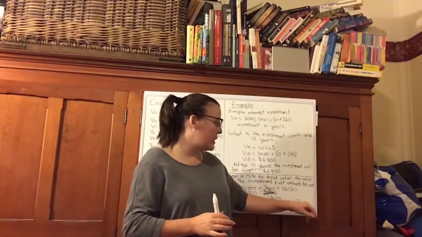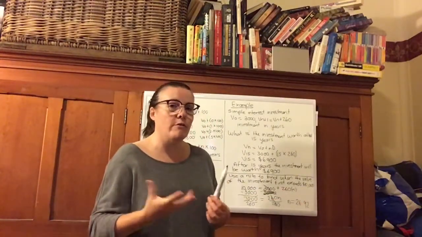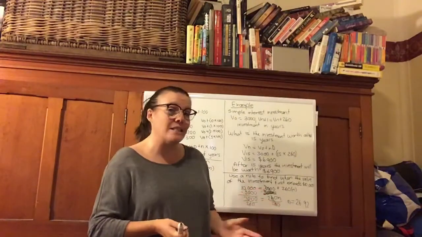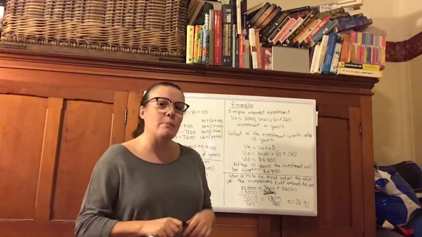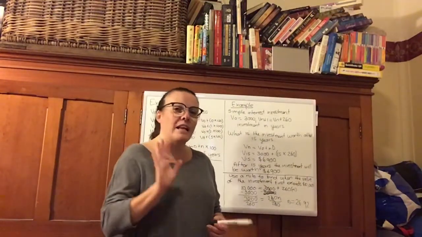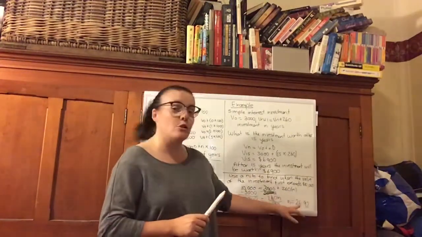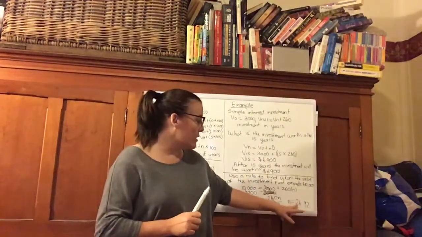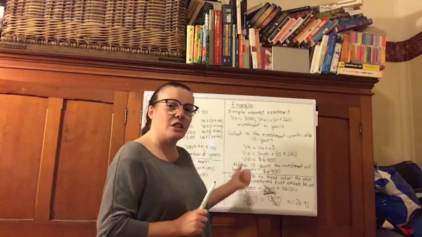It says 26.92, and we need to talk about full years. So our answer is either 26 or 27. Now, if you're thinking about normal rounding rules, you'll tell me that it's 27. That is correct, but not for the right reason. The answer is 27 because it requires more than 26 years to get to the $10,000.